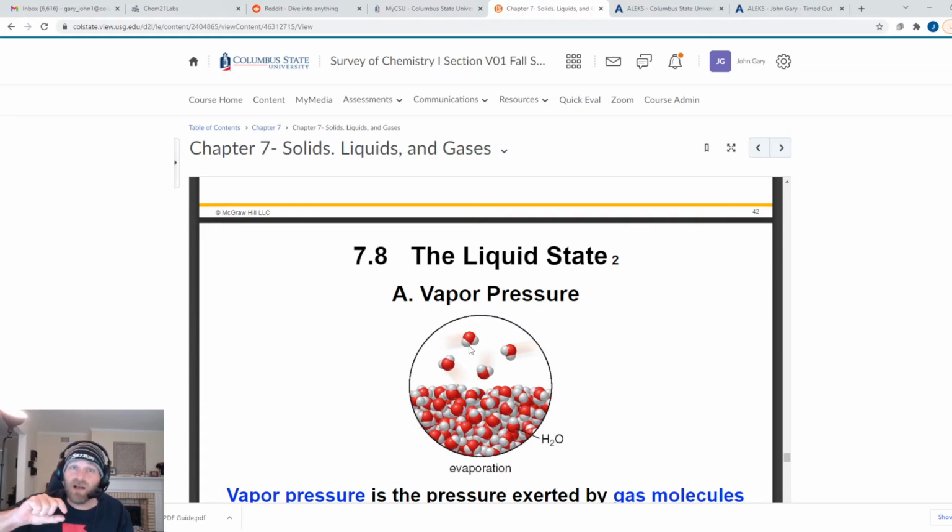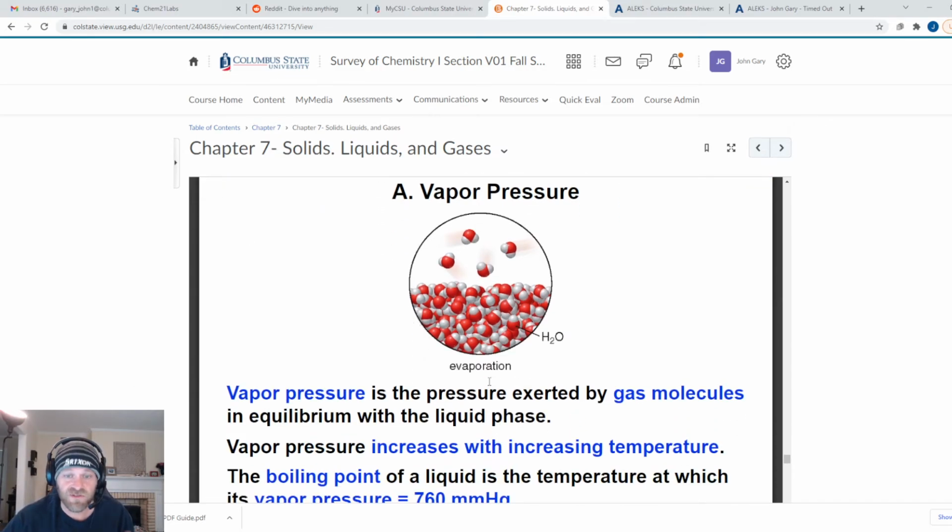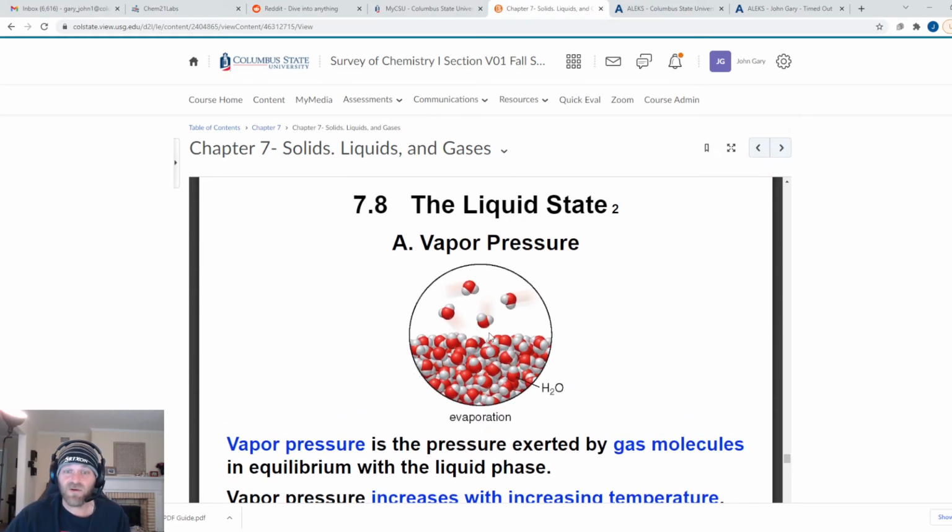That's because these molecules are bouncing into each other and it's ejecting one out of the top. And so that's what you see. This is kind of a diagram of that.